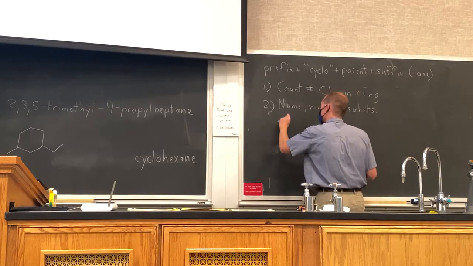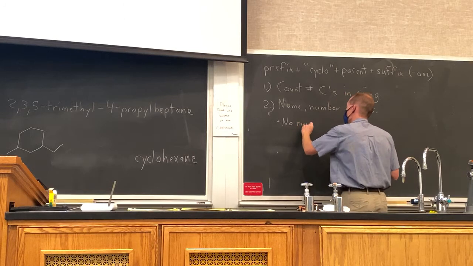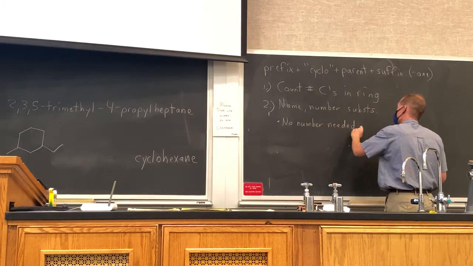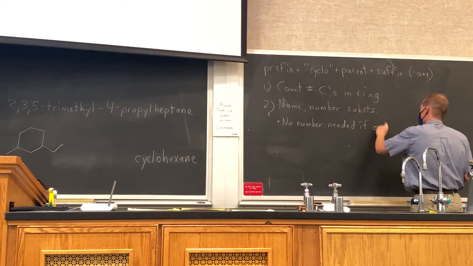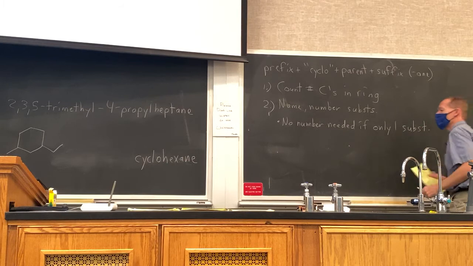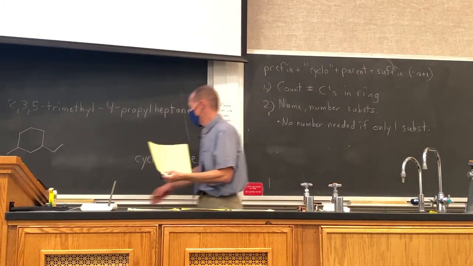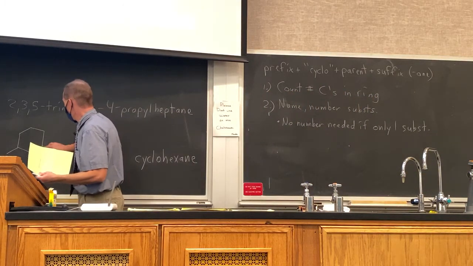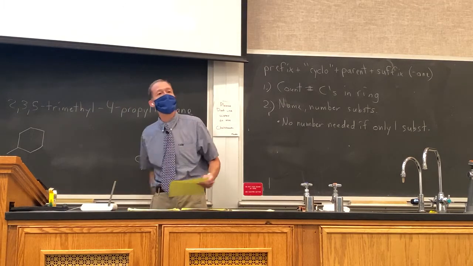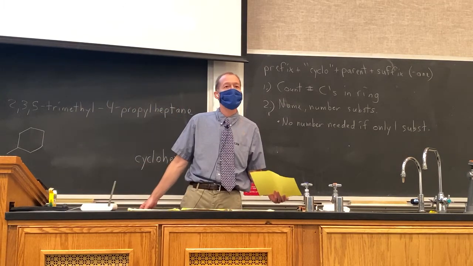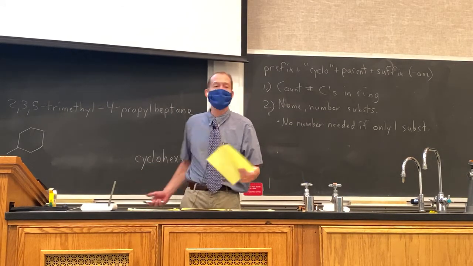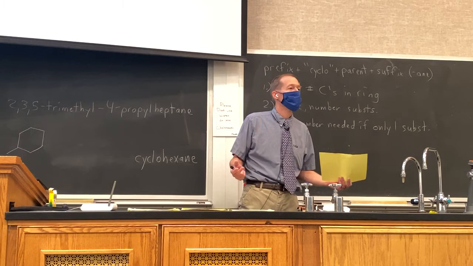First point, no number is needed if there's only one substituent. So let's temporarily erase this group. What would the name of this compound be? Methylcyclohexane.